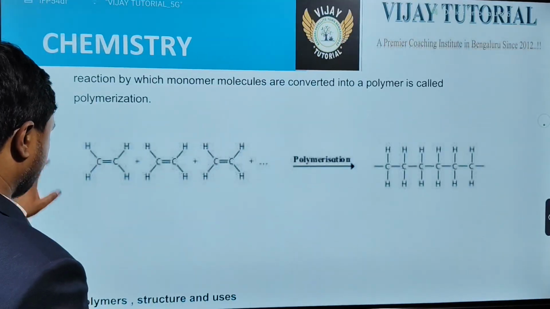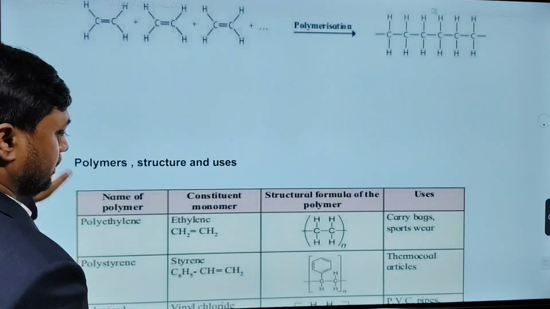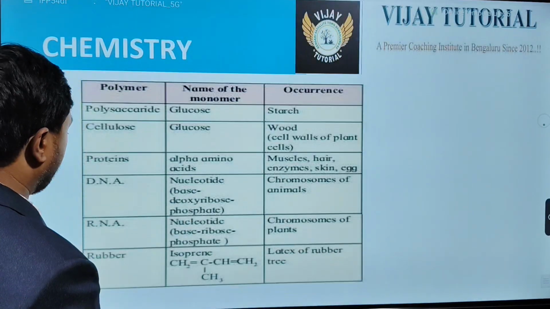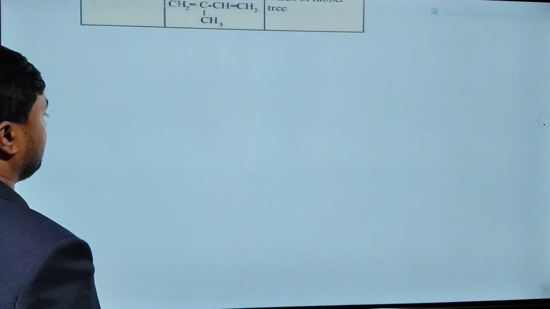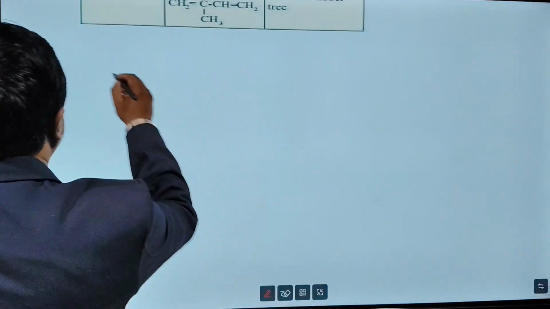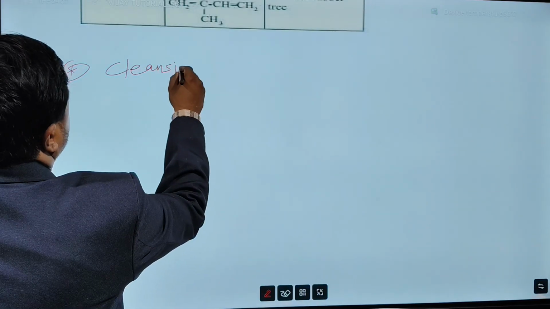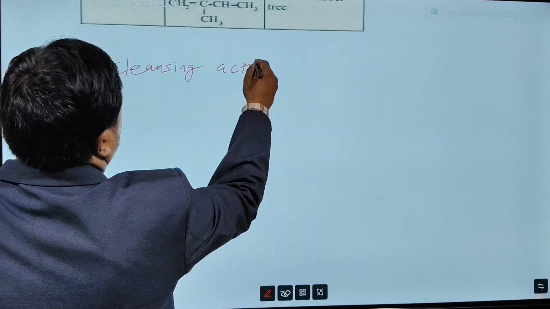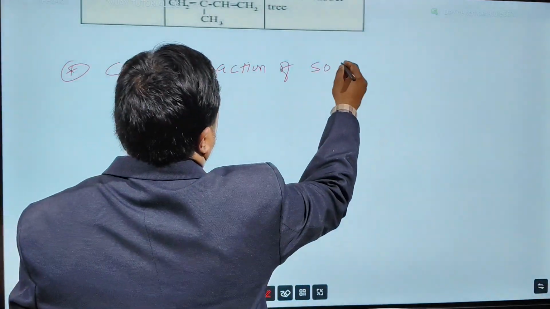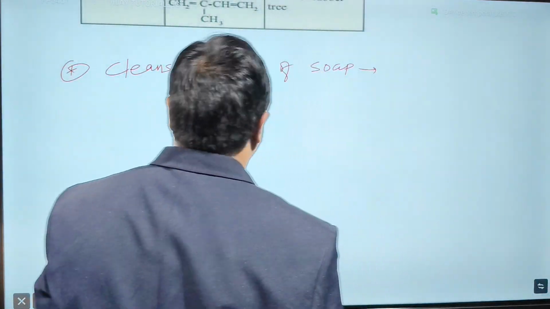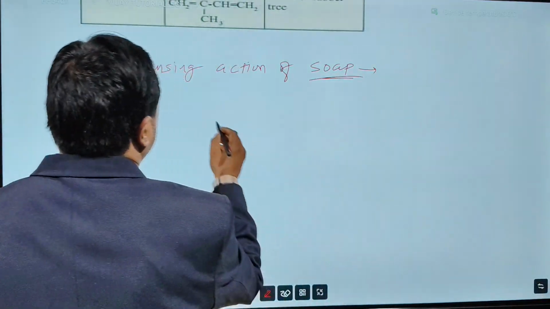Important things. Now the cleansing action of soap. When we talk about soap or detergent, it has two parts.